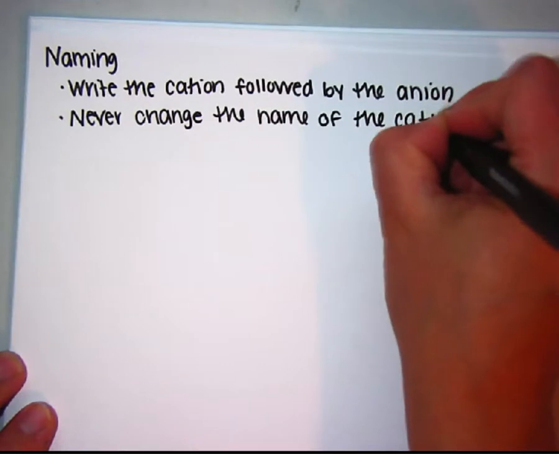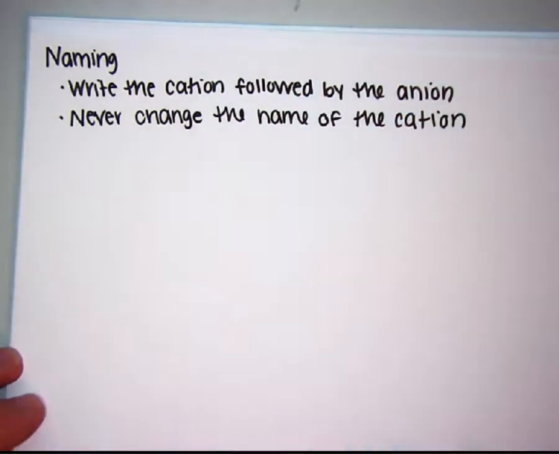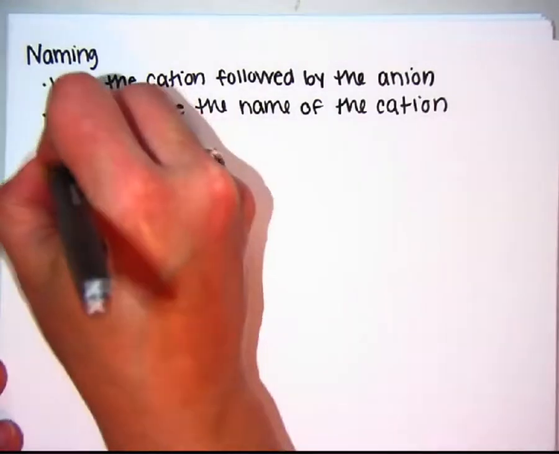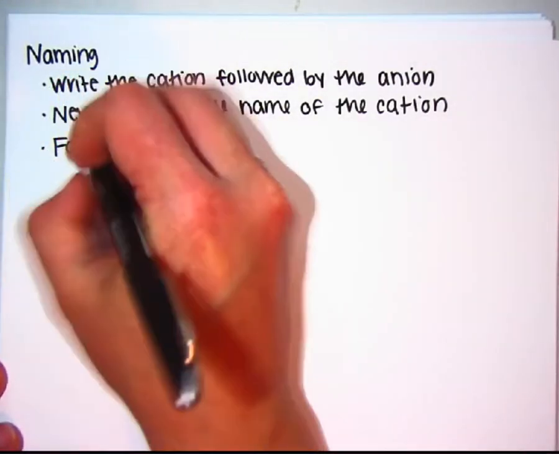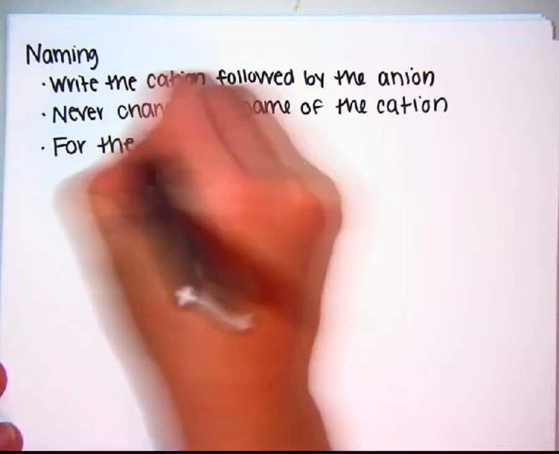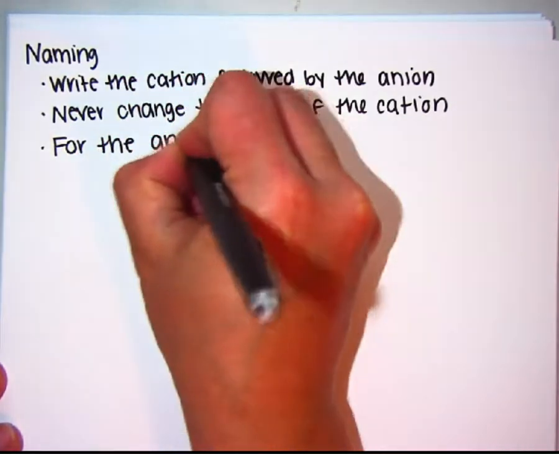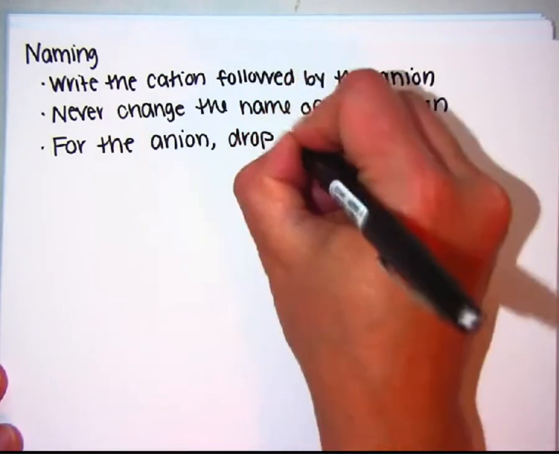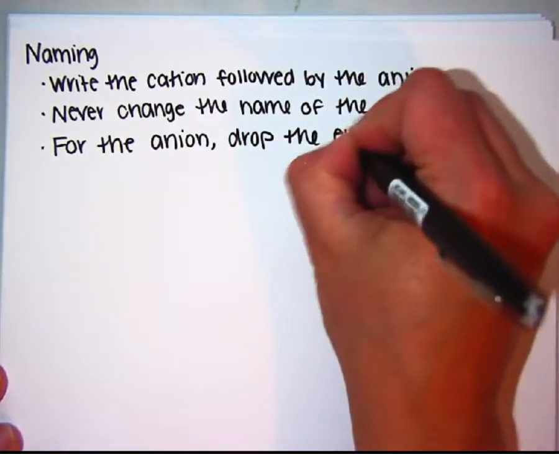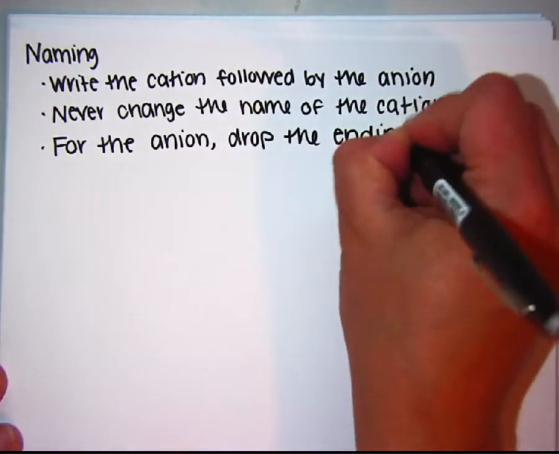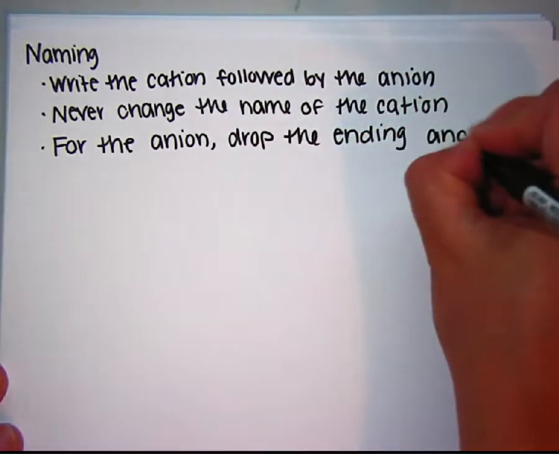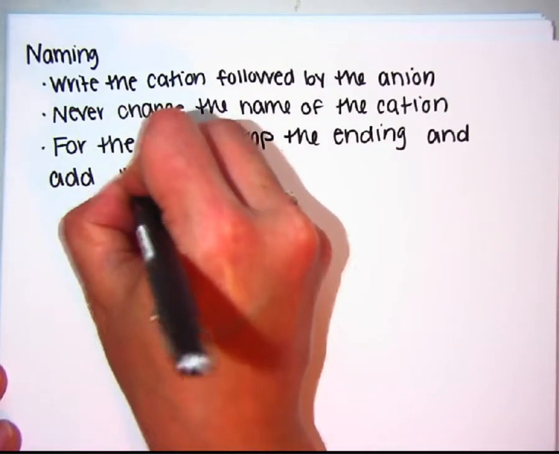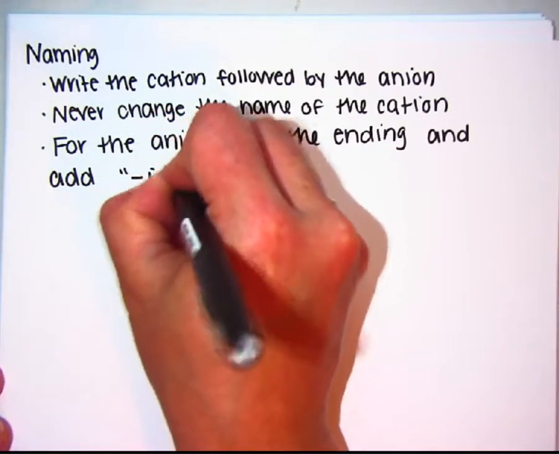Don't add any letters, don't delete any letters, don't add any endings, never change the name of the cation. But for the anion, we are going to change its name. Drop the ending. And add the suffix IDE.